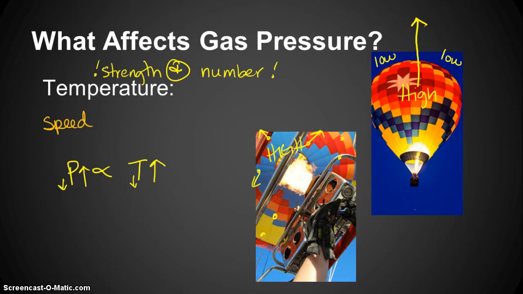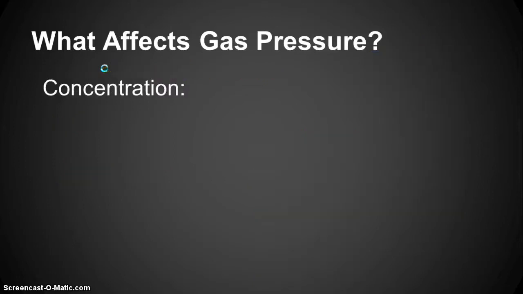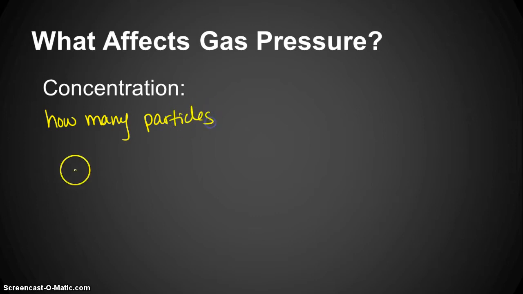So what's something else that might affect gas pressure? How could we make more or less collisions or stronger or weaker collisions? Well, another thing that could affect it is concentration. And by concentration, I mean how many particles there are in a given area.